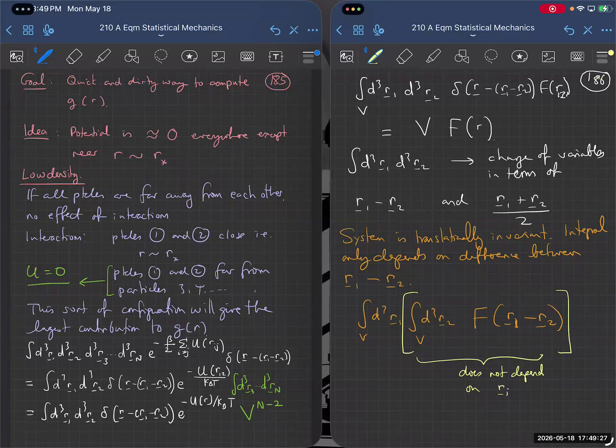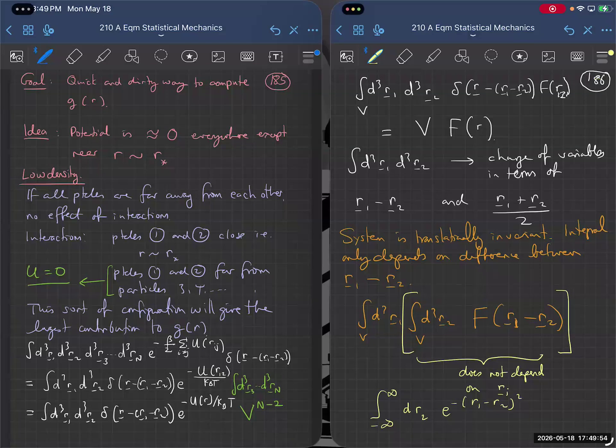So let me give you an example. Suppose I had the integral from minus infinity to infinity dR2 e to the minus (R1 minus R2) squared. So you tell me whatever R1 is, choose a number: 3, 16, 195, a million. Now I'm going to vary R2 from minus infinity to plus infinity.